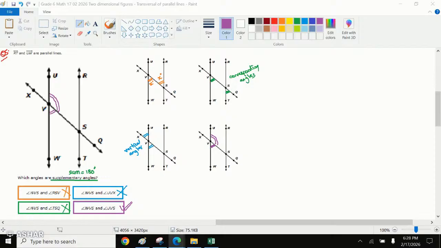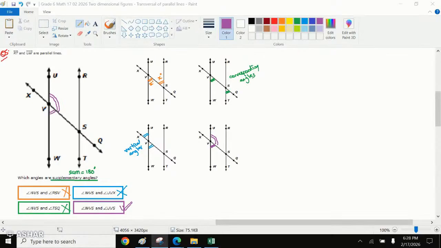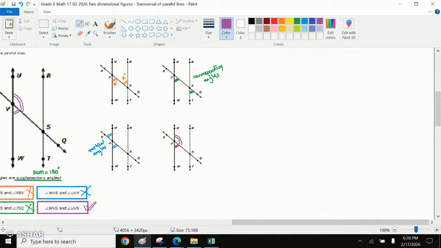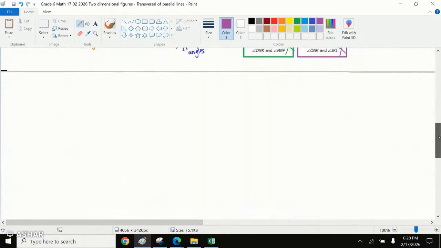Okay, we know about alternate interior angles. Let me just copy the question. We have a pair of parallel lines given to us, and they are asking us to find alternate interior angles. Let's do it on the next slide.